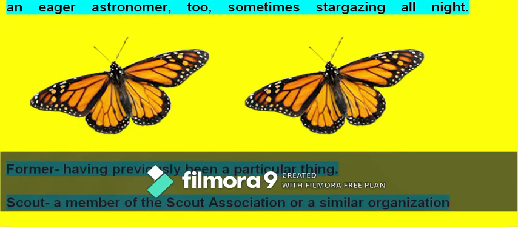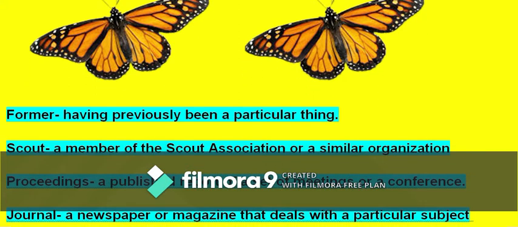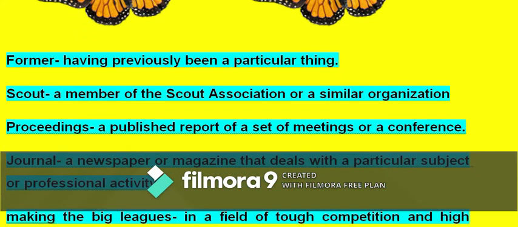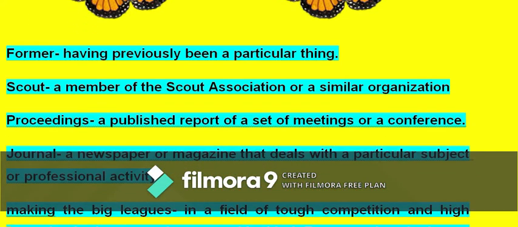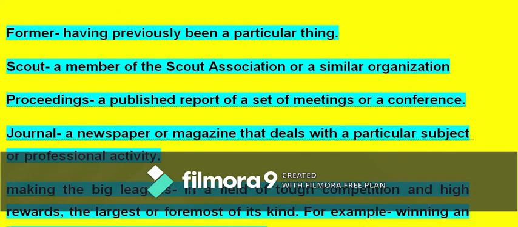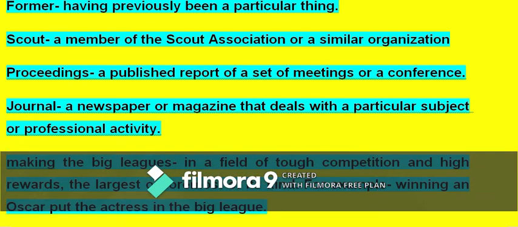The meaning of difficult words used in this text has been listed for you. Former means formally known. Scout is one of the systems in America, the way we have prefects. Proceedings are the meetings or the conferences.